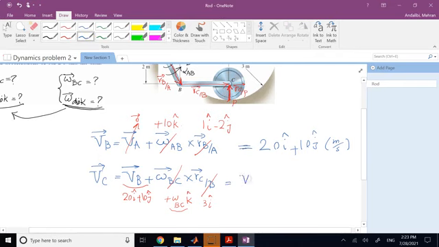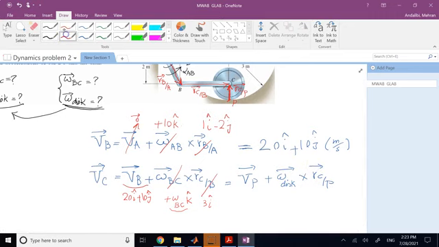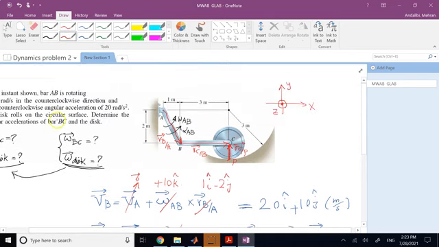So it is going to be v of P plus omega of the disk cross r of c with respect to P. What is velocity of P? It is 0. Why? Because it is doing what?